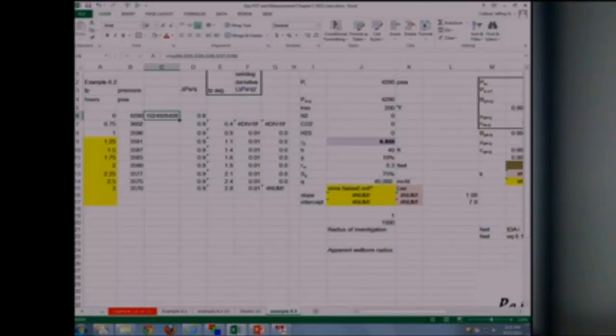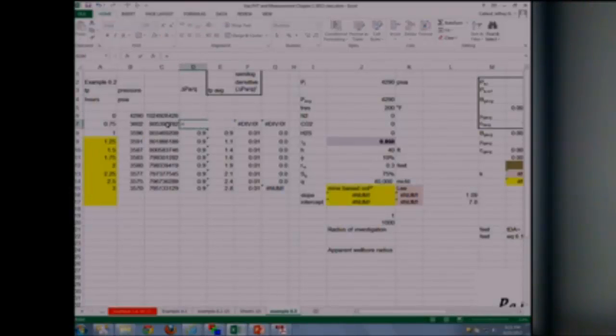Okay, we're going to work with pseudo pressures on this problem. And we're not going to have a delta P over Q. For plotting purposes right now, we're just going to have pseudo pressure.